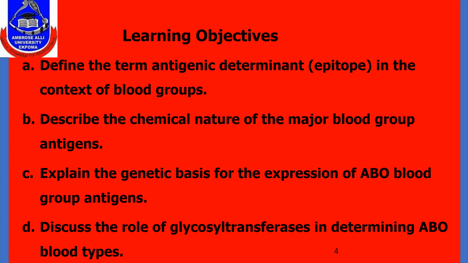Describe the chemical nature of the major blood group antigens. Explain the genetic basis for the expression of ABO blood group antigens. Discuss the role of glycosyltransferases in determining ABO blood group types.